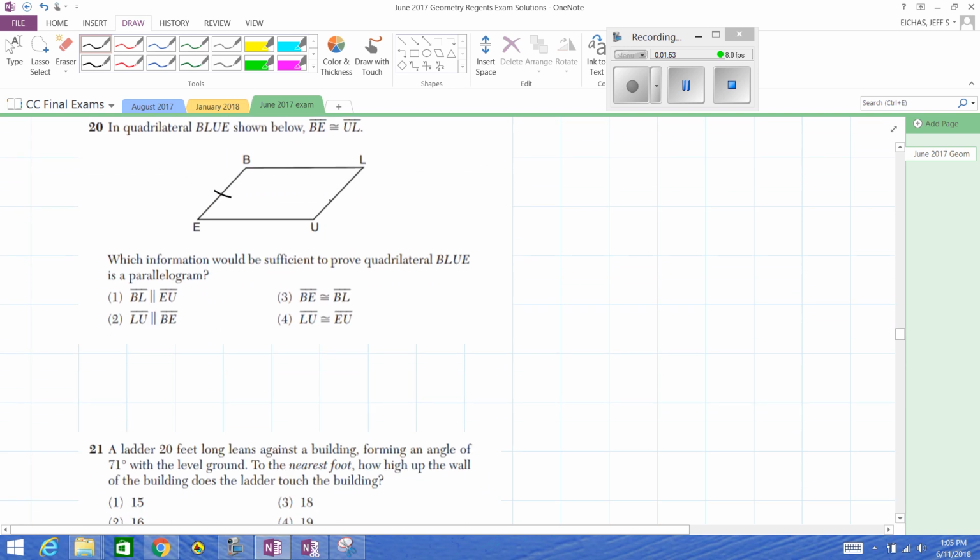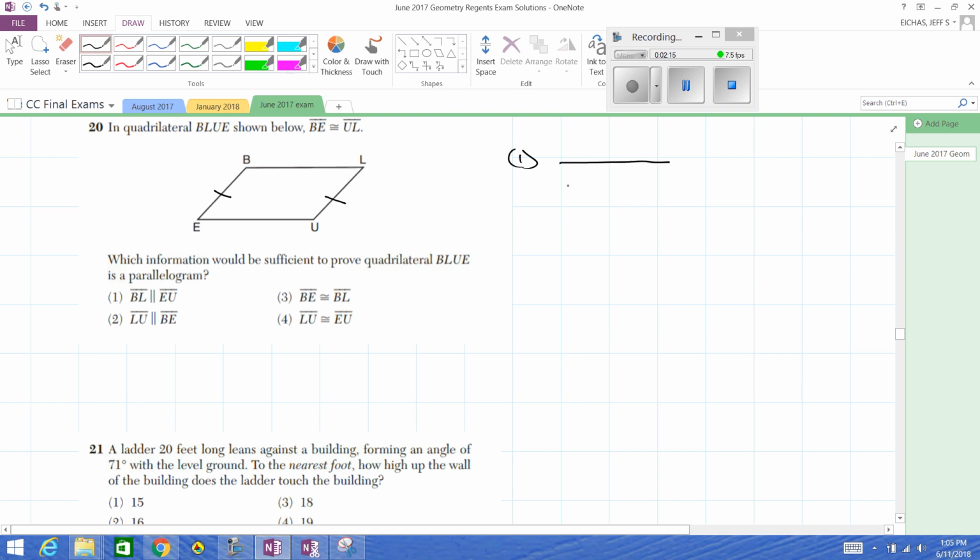BE is the same as UL. Which information would be sufficient to prove that the quadrilateral is a parallelogram? Okay, so this is one of those things where we'll just have to test all the choices. BL parallel to EU might work, but here's what I've tried to show a lot of students about this.